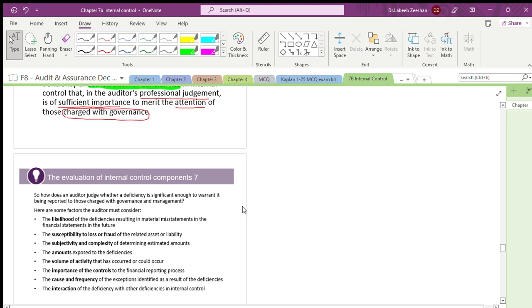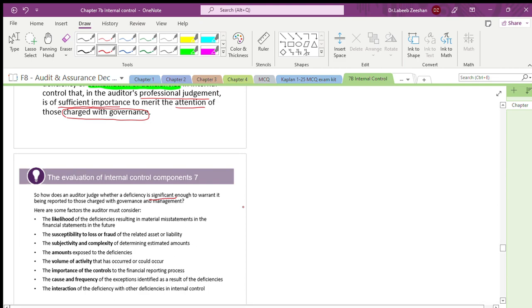Now when we do these things, how will the auditor evaluate? Keep it in mind. If you understand this, you can do questions very easily. So how does an auditor judge whether a deficiency is significant or not?